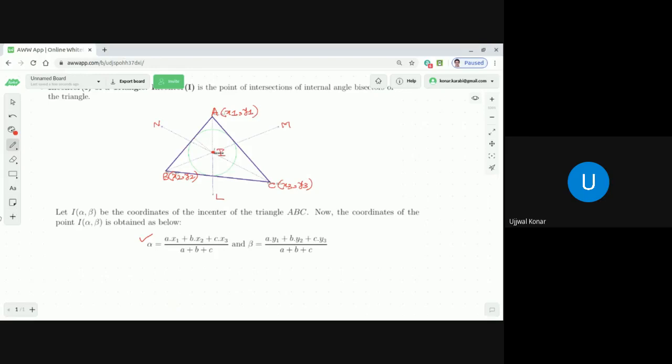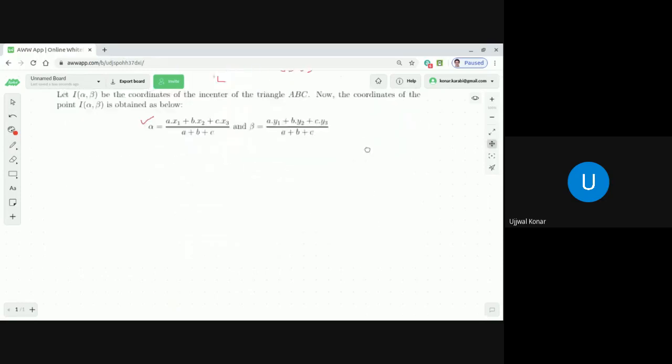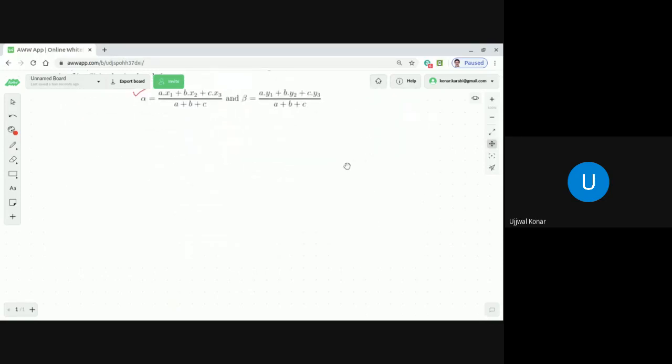Now, the next point we are going to discuss is called the excenter of a triangle. To understand the excenter, let's first understand what is excenter. Let me first draw the diagram and then explain what is meant by excenter. You'll be able to get these notes afterwards.